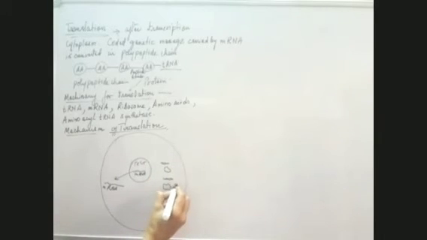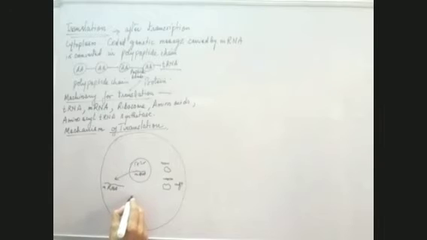In the presence of magnesium ions, these smaller and larger subunits combine, and a complete ribosome is formed. This ribosome has three sites: the exit site, the peptidyl site, and the acceptor site.